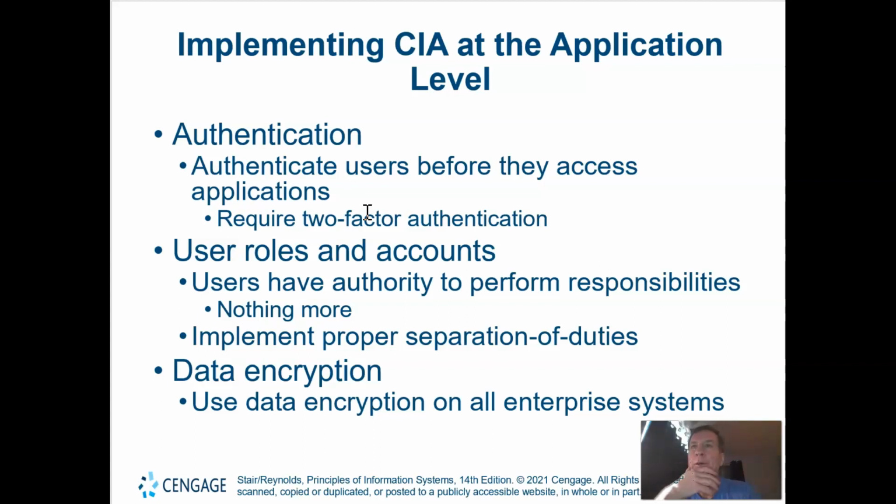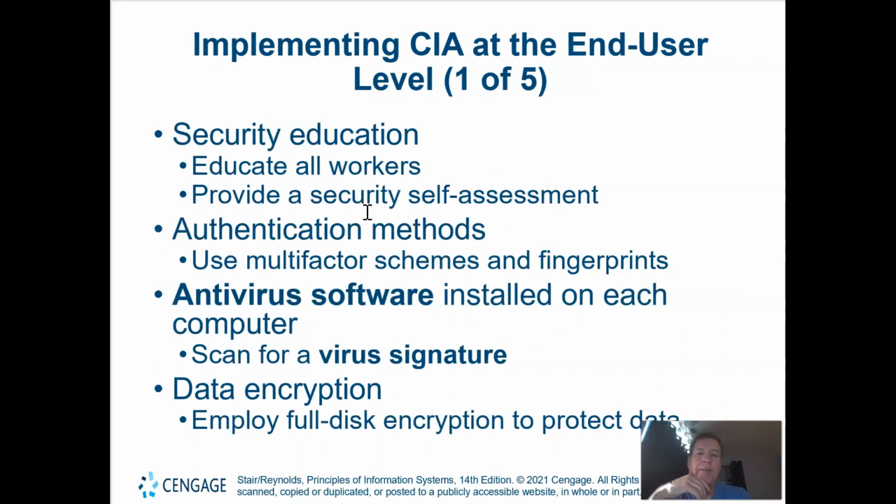There are actually other ones now, like somewhere you are, these sorts of things. So there are a few others today, but the common are something you have, something you are, and something you know, like a PIN. And then, of course, encrypting the data. These ensure CIA at the application level.